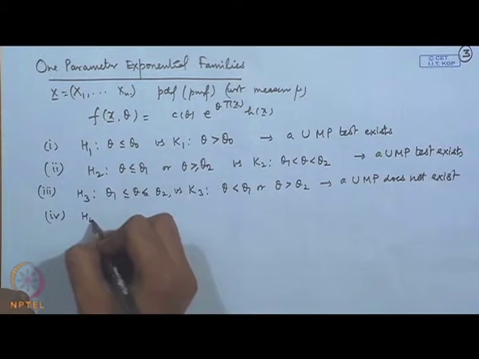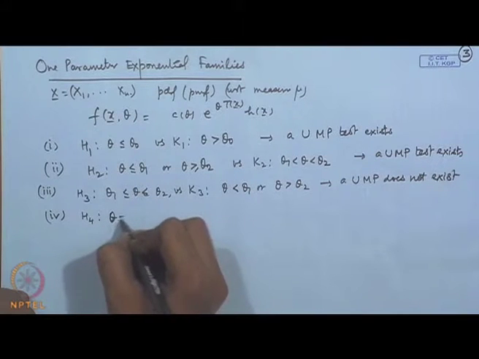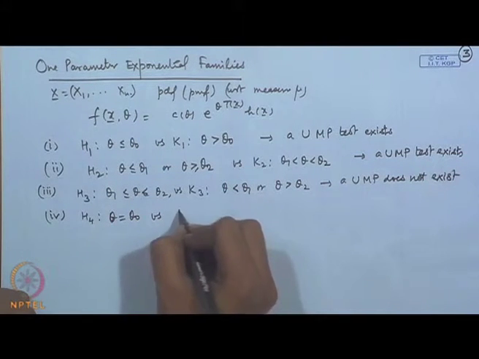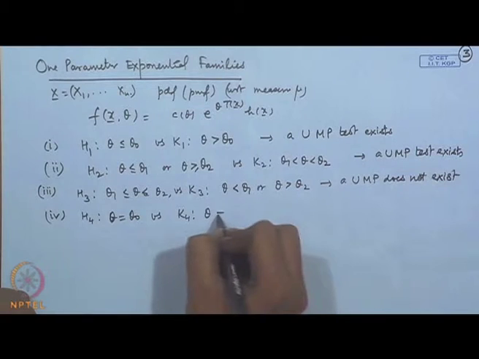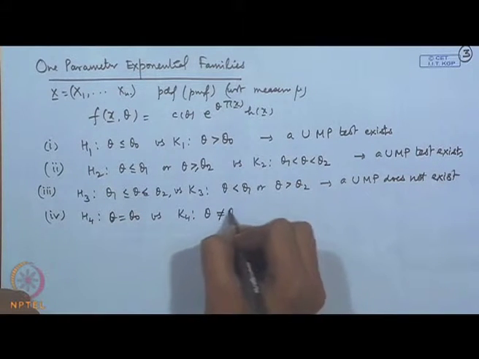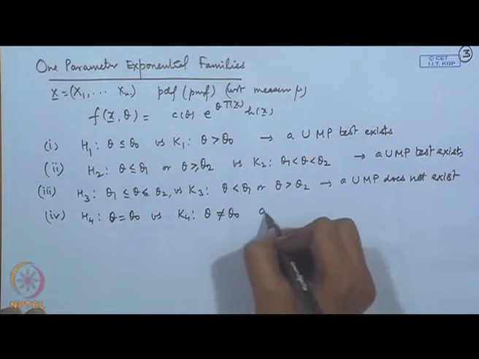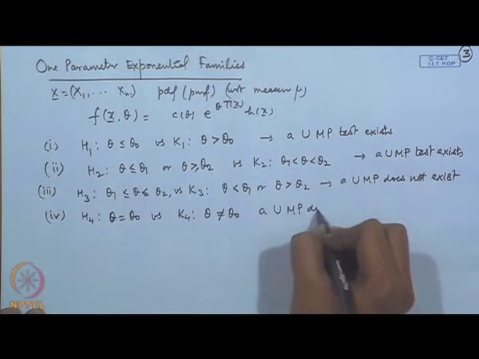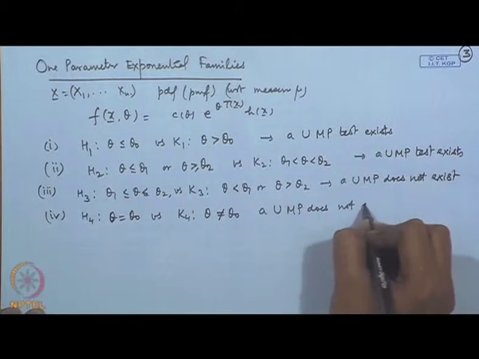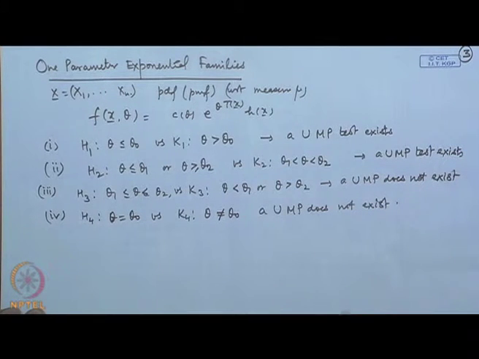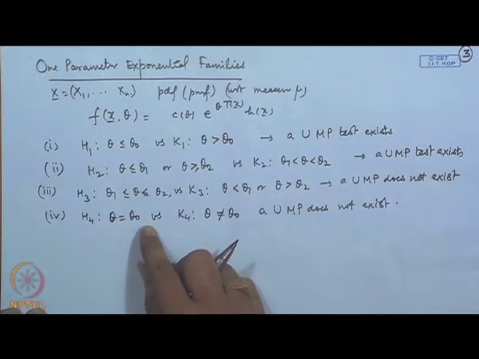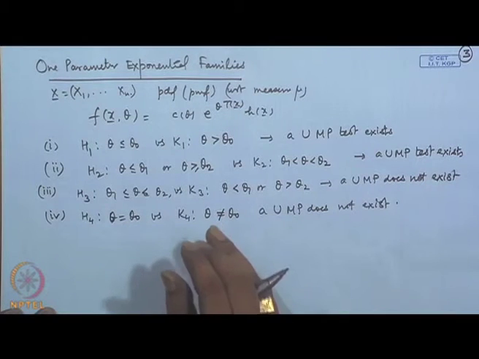And if we consider theta is equal to theta naught against, this is also, the alternative is two sided here, a UMP test does not exist. In the previous lecture I have demonstrated through the double exponential distribution that for such a problem a UMP test does not exist.